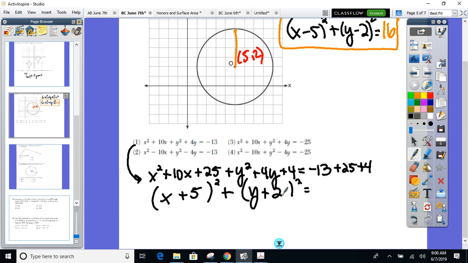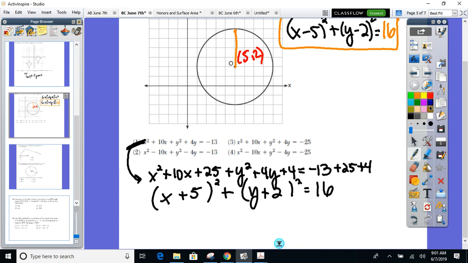And what do we end up getting on the right side? 16. So let's discuss here. It gave me 16, which I needed, but it gave me the wrong signs inside. So does that lead us to what we think is the correct answer here?